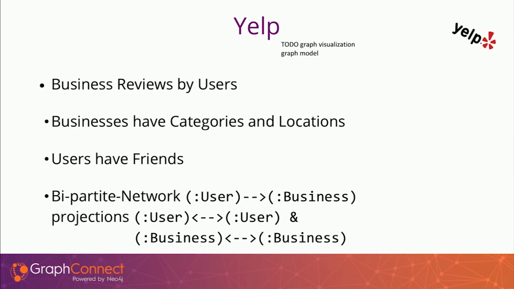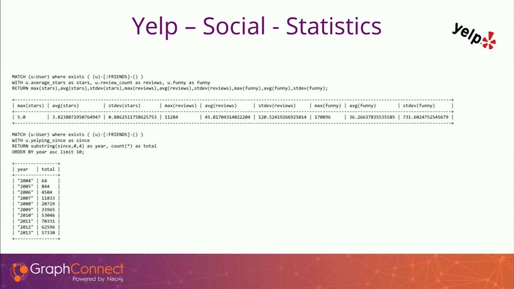Yelp is a really interesting data set, used for almost 10 years now as a scientific data set and for competitions. It's business reviews by users where businesses have locations. There's also a users' friend network in there, and we can project this user-to-business network into user-to-user and business-to-business networks, and then run things on top of that.